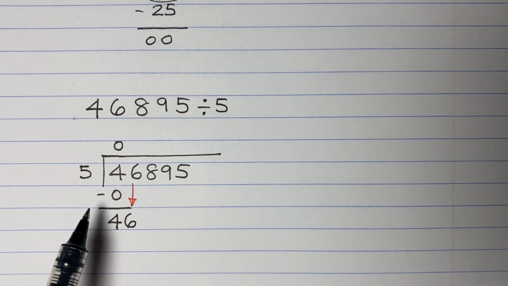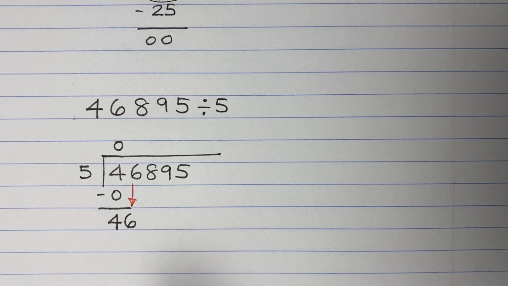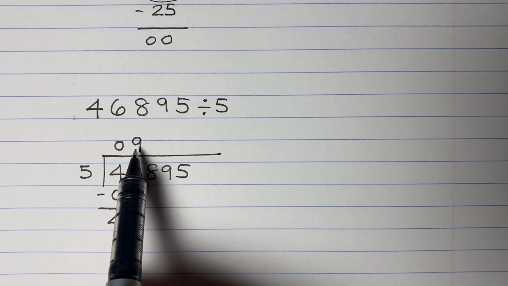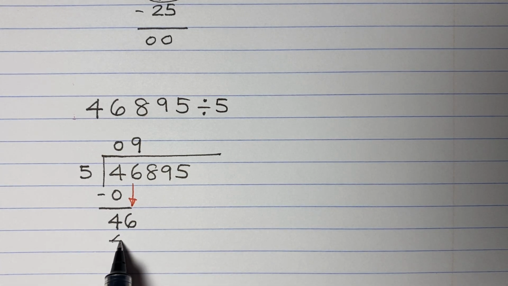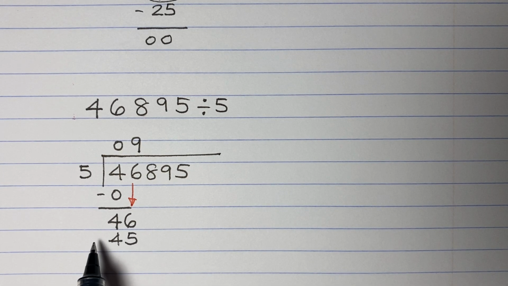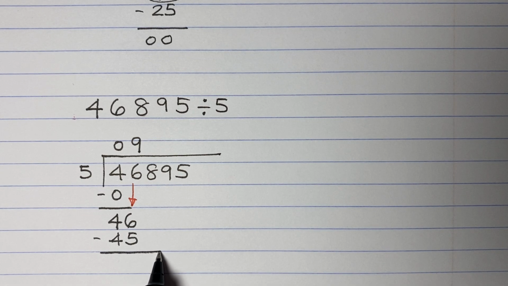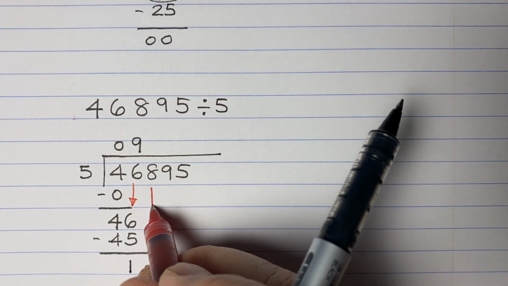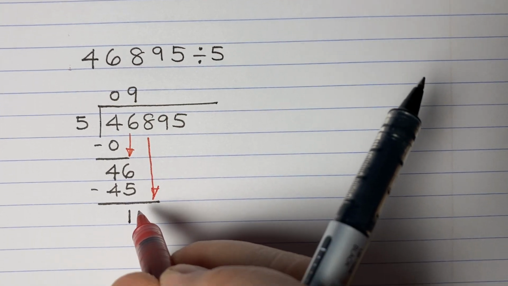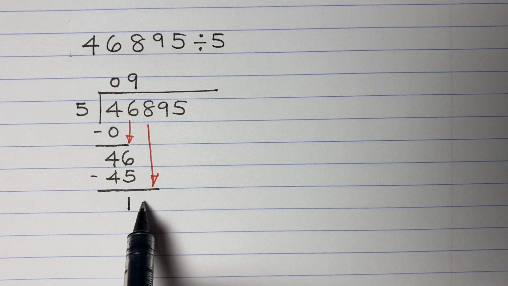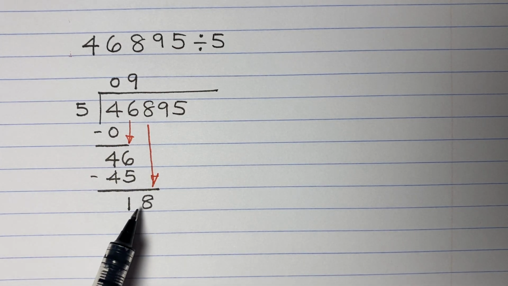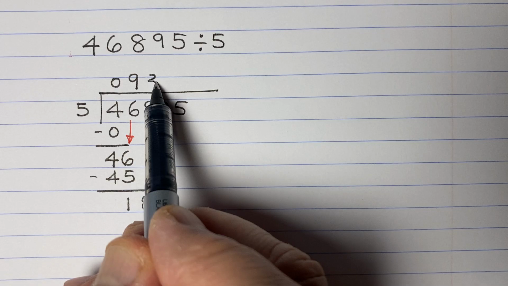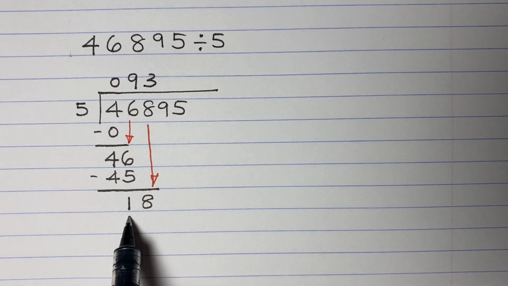I ask myself, how many 5 goes into 46? 9. 9 times 5, again, once you write a number here, you multiply, you write down, and you take away. 1. Bring the next number down, which is 8. So my new number is 18. How many 5 goes into 18? 3 times. 3 times 5, 15.